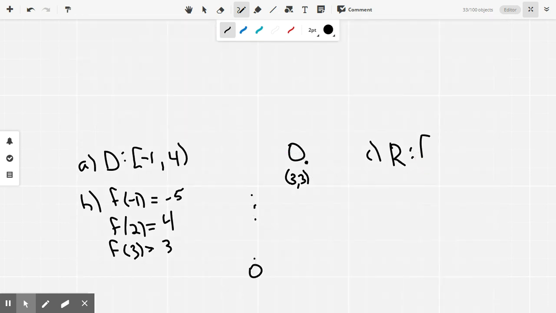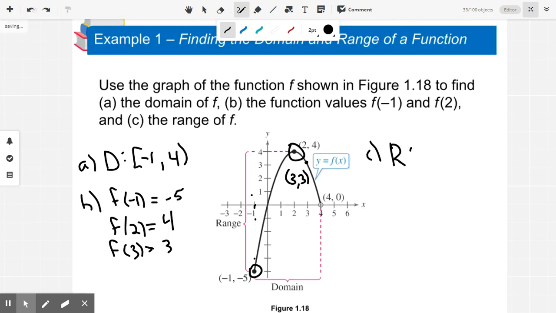So the low point is -5, and then it goes from -5 up to +4, and it includes the point +4 because that is a solid circle.